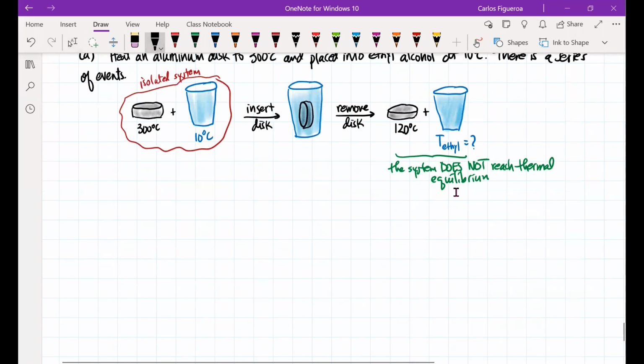Now we want to carefully map out the energy transfer.